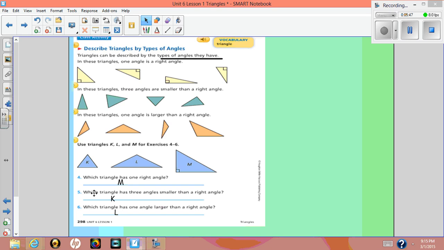M. Which triangle has 3 angles smaller than right angles? Well, L has a larger angle than a 90-degree angle, but K is the only one that has 3 angles smaller than a right angle. And for L, it asks the question, which triangle has one angle larger than a right angle? And the only one with that attribute is L.